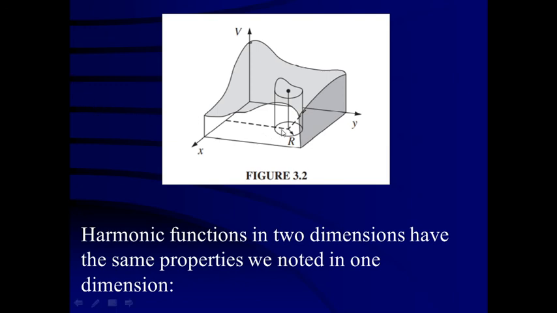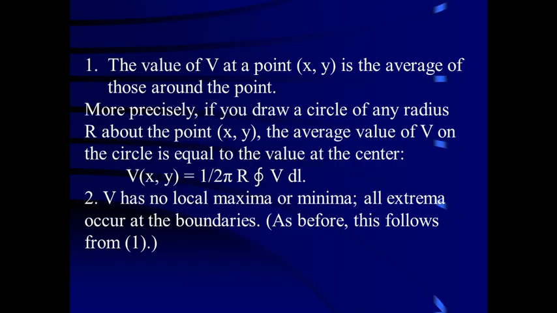Now the value of V at the center can be obtained as follows. If you take a radius R and draw a circle around that point, and take the average value of V over that circumference, that will be the value of V at the center of the circle. This is because harmonic functions in two dimensions have the same property we noted in one dimension. That means we obtain the same conclusions as we derived in one dimension.